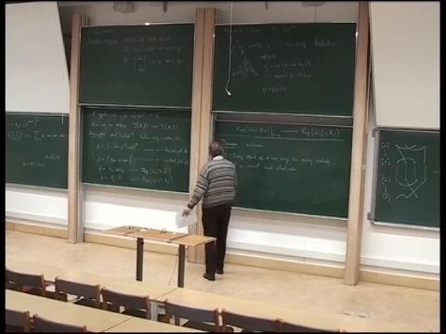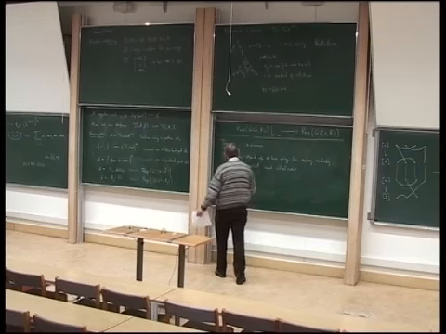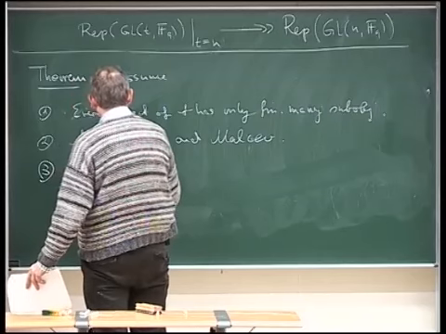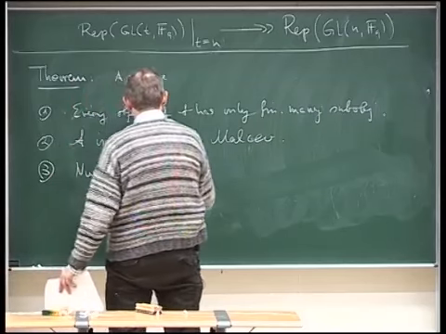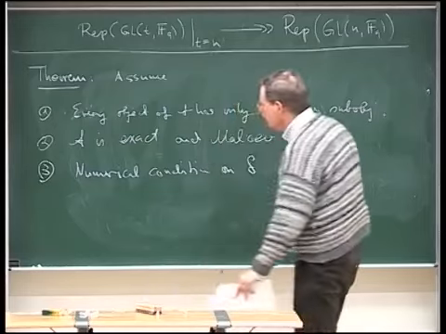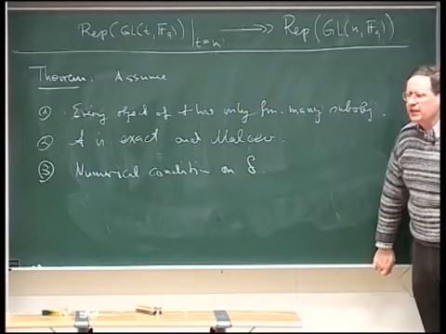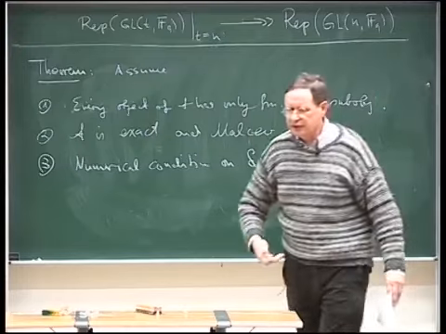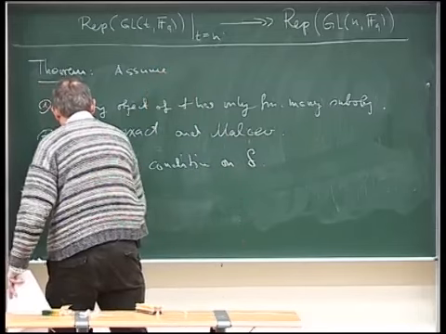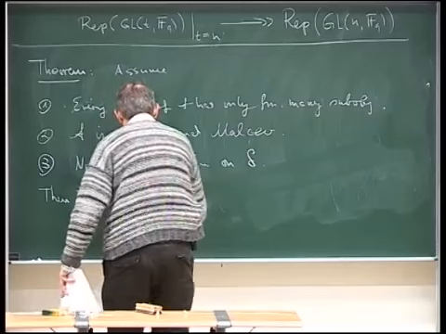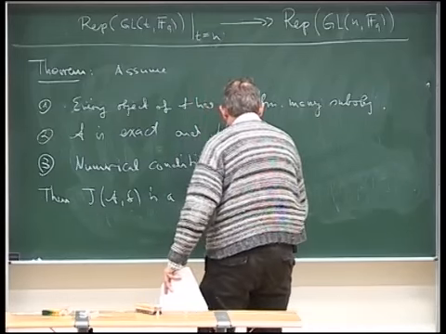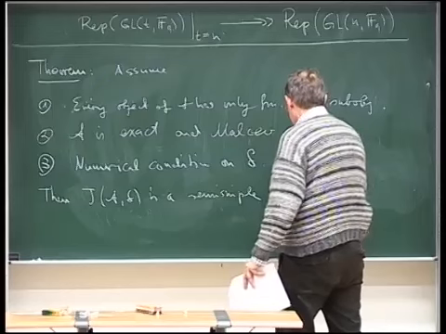Okay, and then we also need a numerical condition, since I'm almost out of time, on delta, which for the category of finite sets op boils down exactly to the condition that T is not a natural number. Then T_{A,delta} is a semi-simple tensor category.